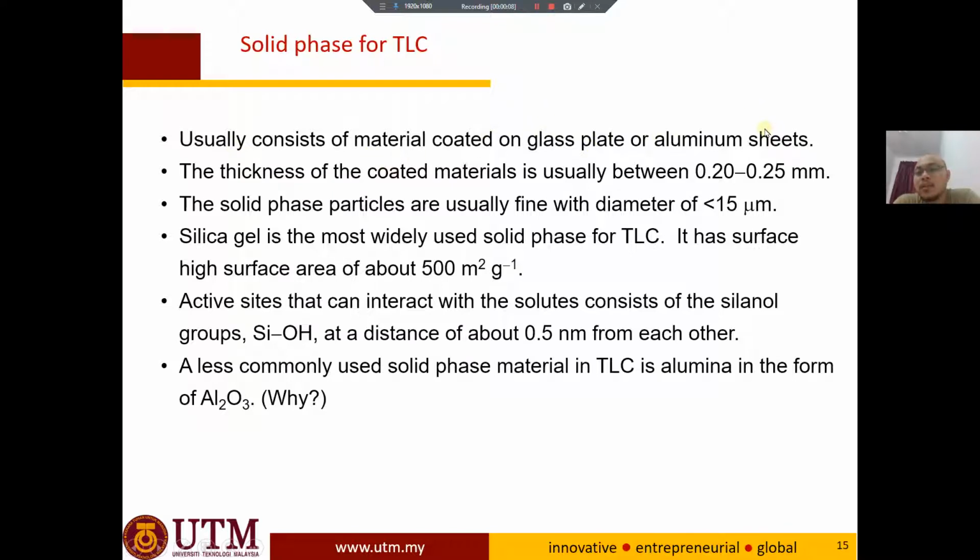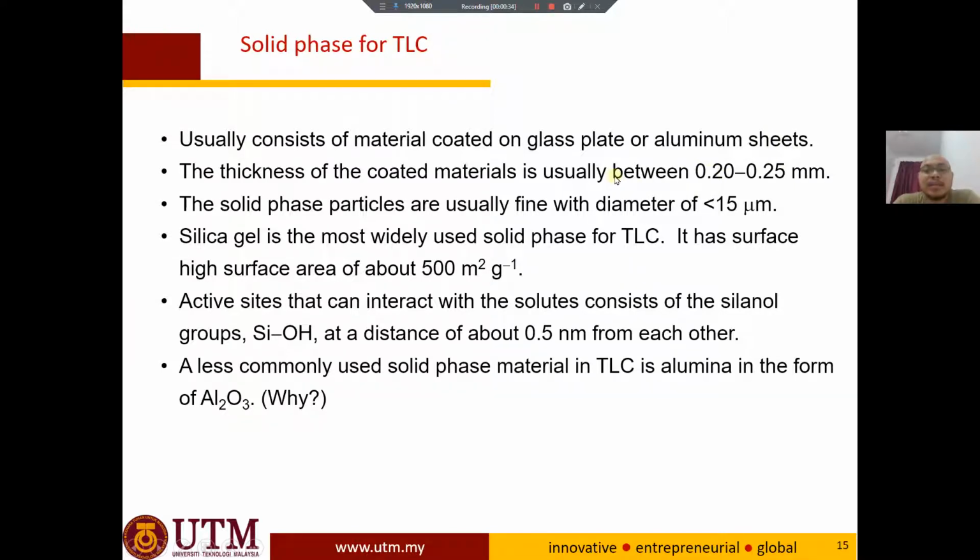Nowadays for TLC you can also find plates where the base is made of plastic. The thickness of the coated material is usually 0.2 to 0.25 mm. But I don't want you to remember this, no need to remember the exact figure.